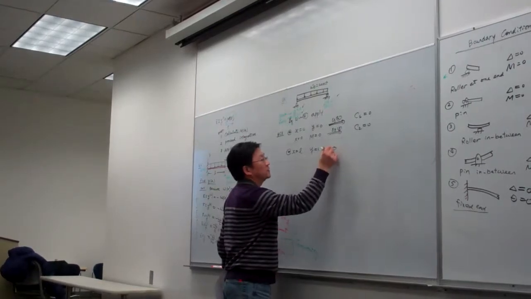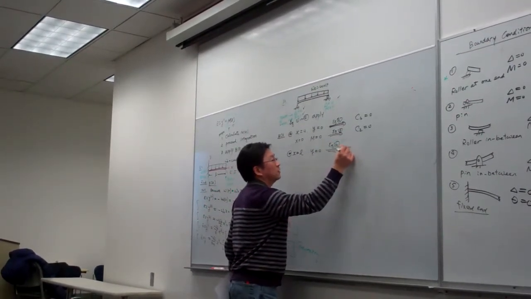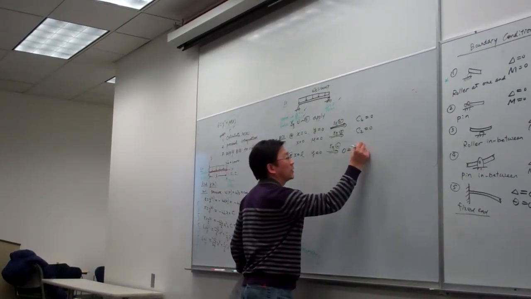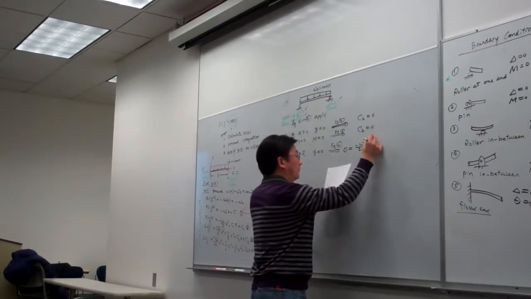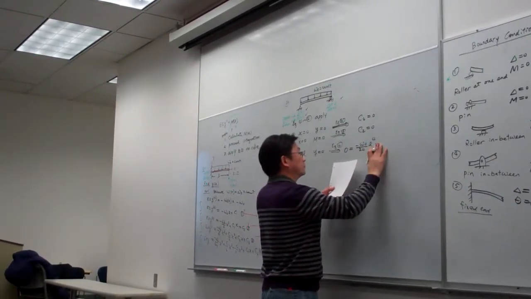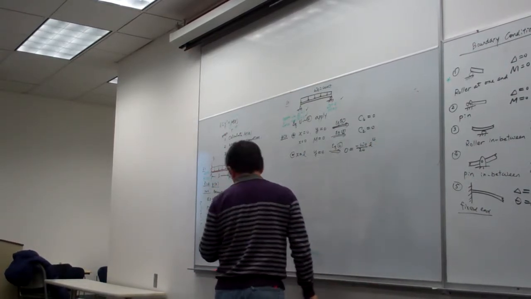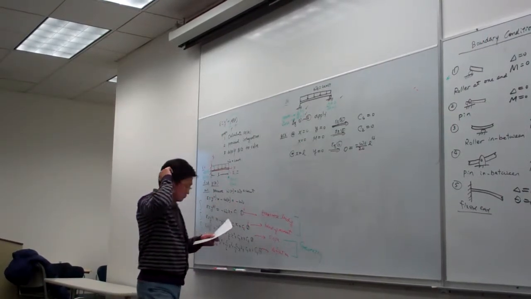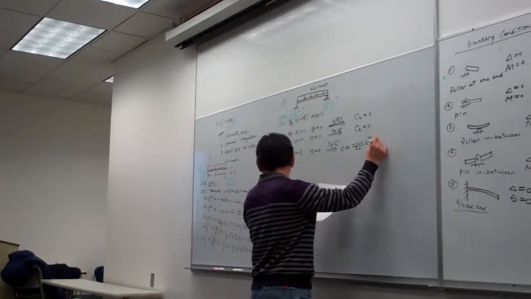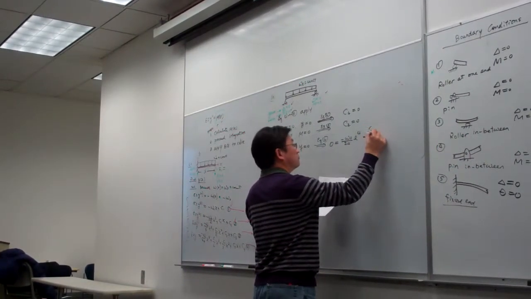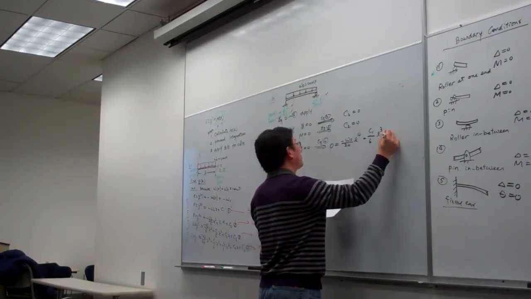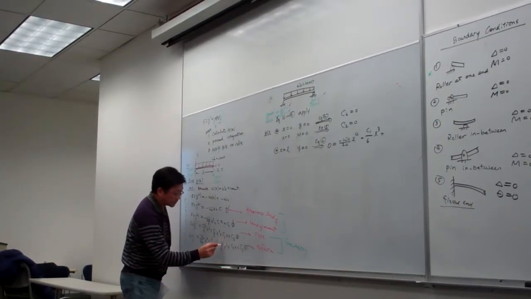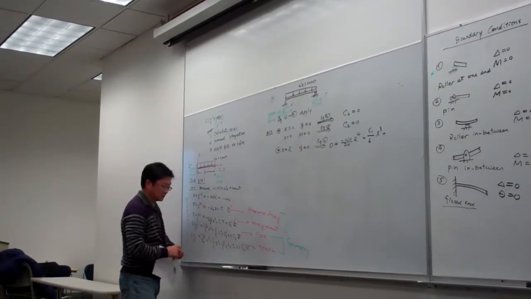So here we utilize equation 4: 0 equals, we simply plug in x equal to L, so that means minus omega over 24 L fourth plus the remaining terms. So here we can get C2, C4 equal to 0.